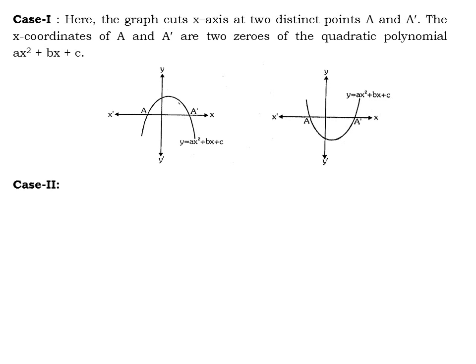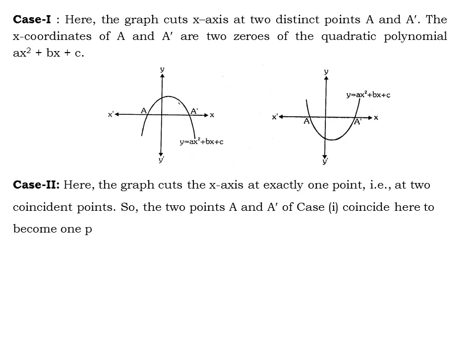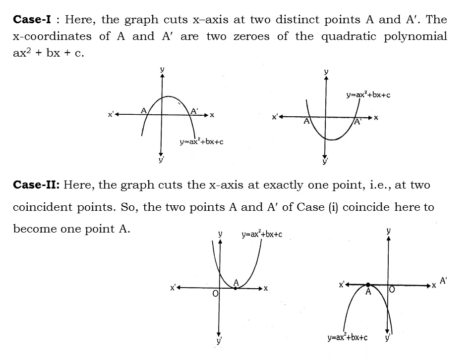So next, case number 2. Here the graph cuts the x-axis at exactly 1 point, at two coincident points. So the 2 points A and A dash of case 1 coincide here to become 1 point A. This type of graph we will see like this. Now what happened?